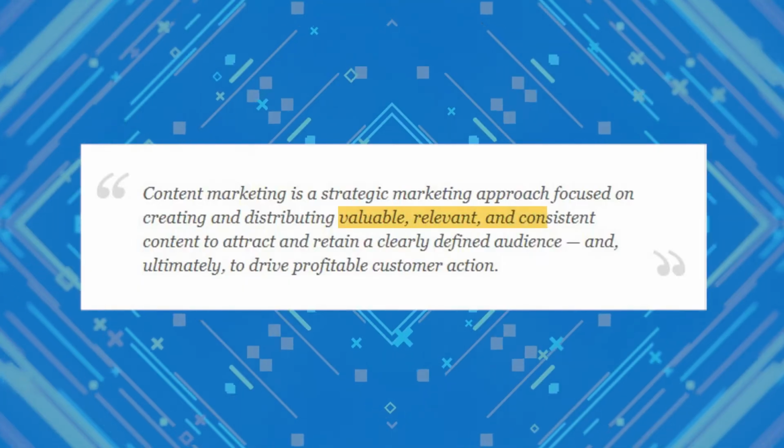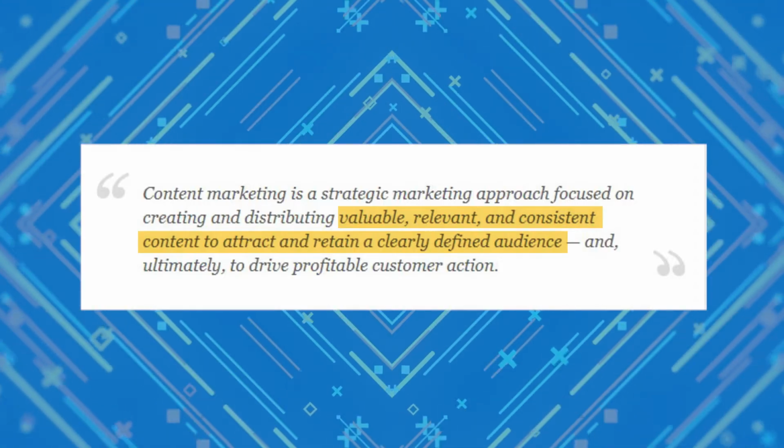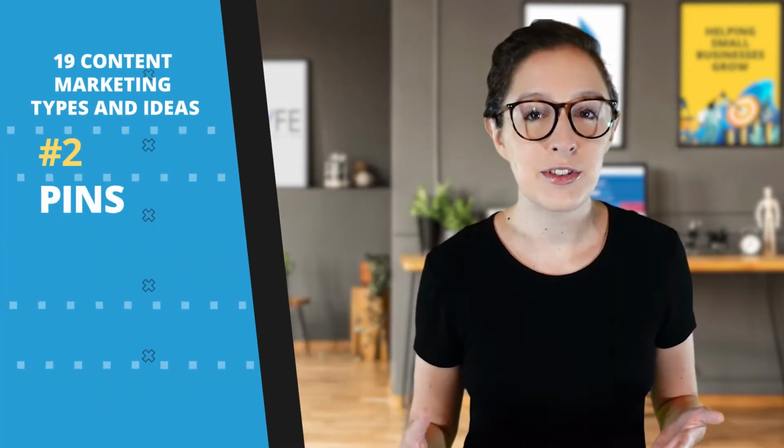Looking back at the definition, we want to create valuable, relevant, and consistent content to attract and retain a clearly defined audience. So this could mean the post itself contains a how-to, helpful tips, etc., or it links out to other helpful content that we'll talk about later on down the list. But the point is that you provide value up front, which will lay the foundation for brand recall and ultimately purchases.